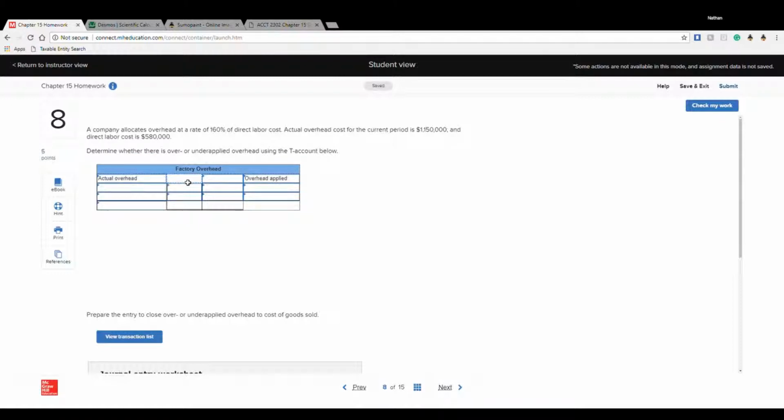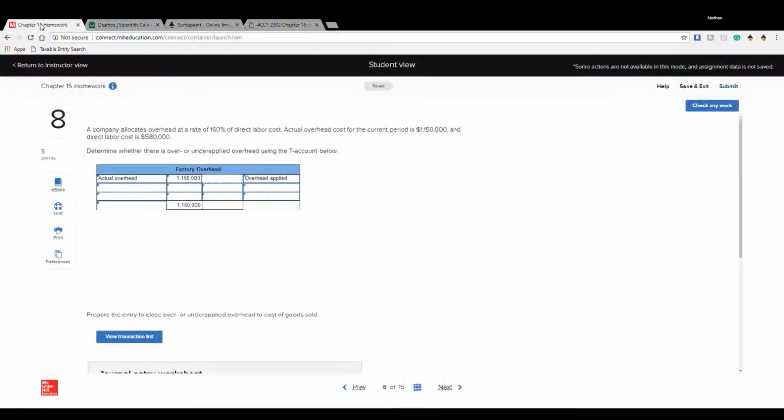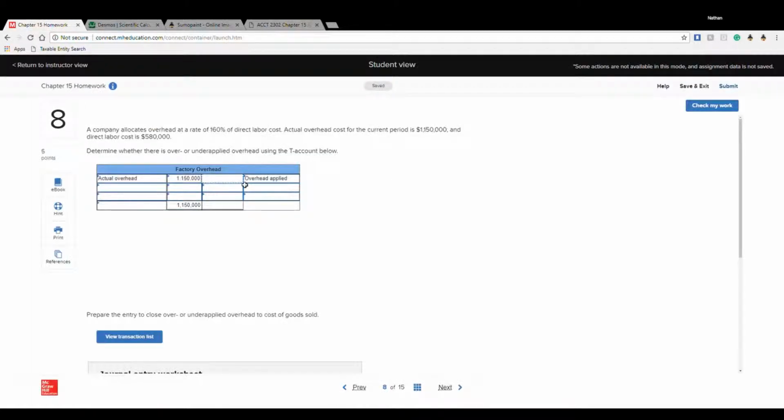So first off, 1150, 1, 2, 3. We input the actual. So actual overhead was $1,150,000. It did give that to us. But direct labor, we actually have to calculate. So go into our calculator. We have 580,000, and that's going to be multiplied by our direct labor cost rate.